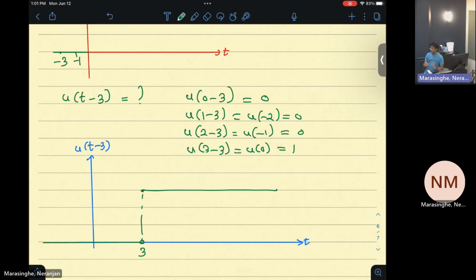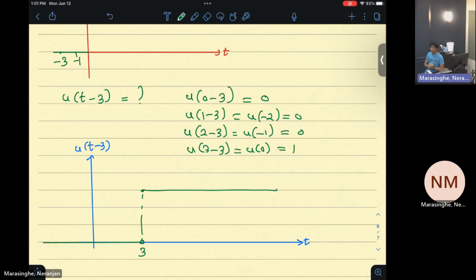3 is the important point. So this is a kind of horizontal translation. I think in trigonometry you are doing that, right? You know how to sketch sin x, then sin(x minus pi/2). You have to translate your graph by 3 units. Is that clear?